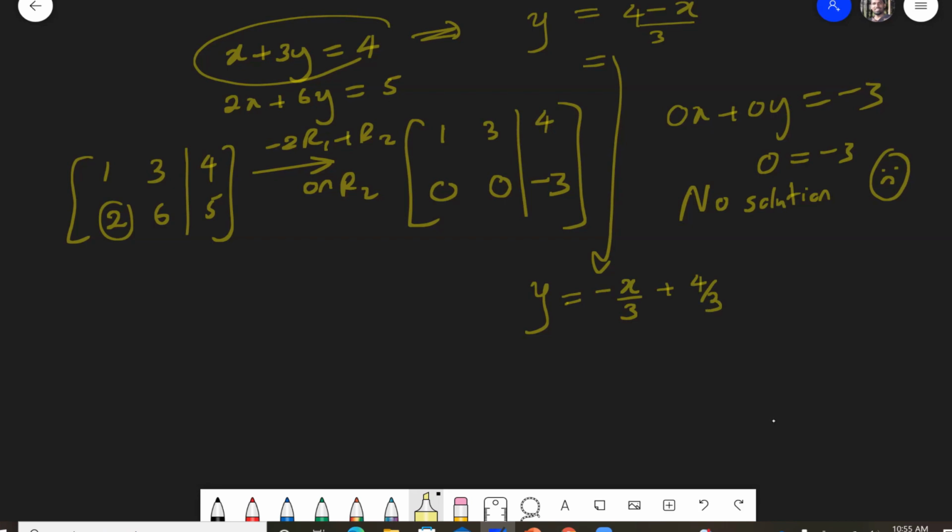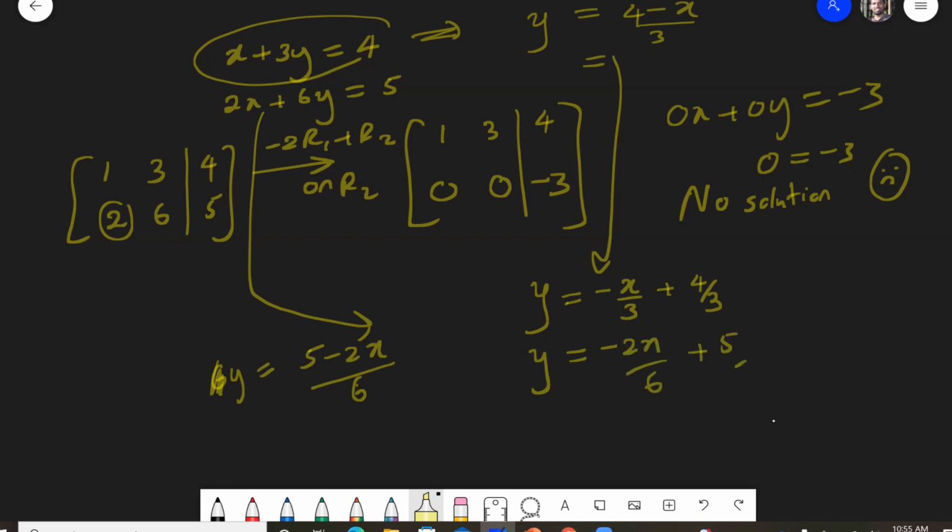And from the second equation, if I solve for y, 6y is 5 minus 2x, and y is 5 minus 2x over 6. So y is negative 2x over 6 plus 5 over 6.